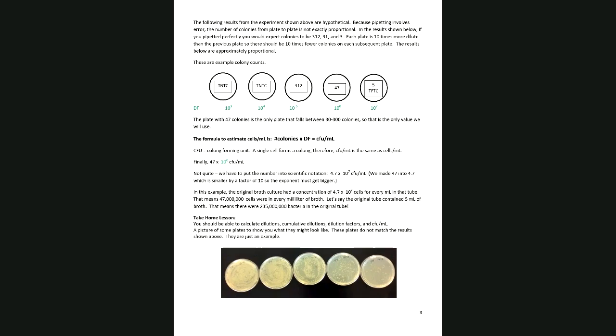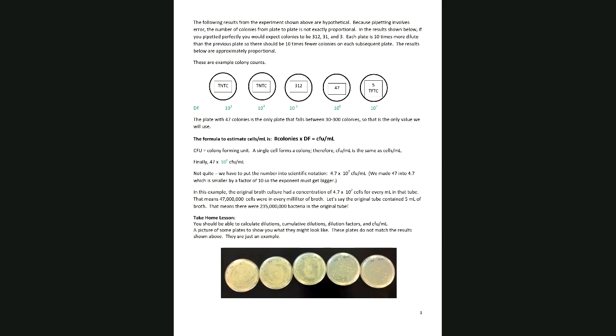So what would you predict the number of colonies to be on the 10 to the 5 plate, if 10 to the 6 is 10 times more dilute? Well, yes. No, but how many?